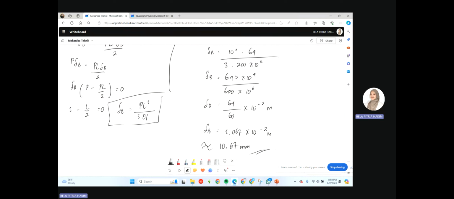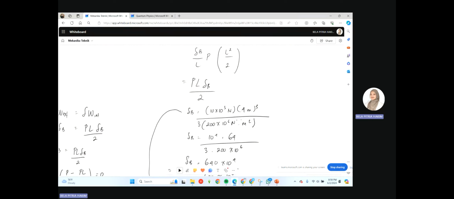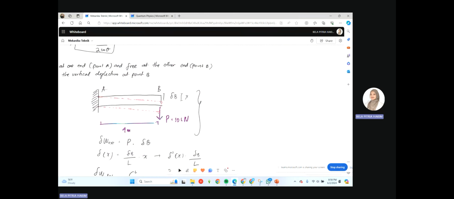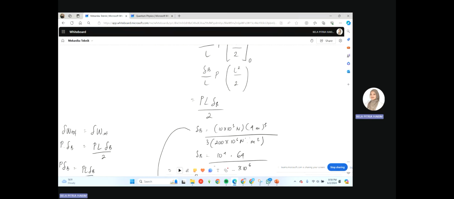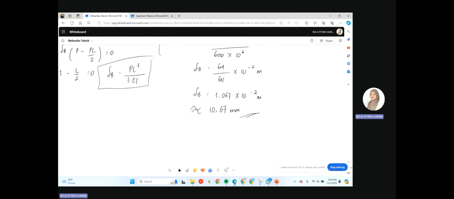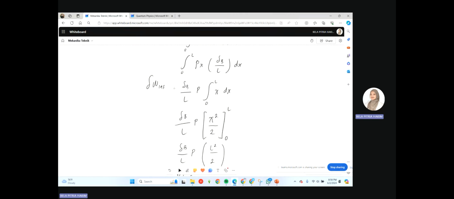There is a displacement on this cantilever beam, and the value we found is 10.67 millimeters.